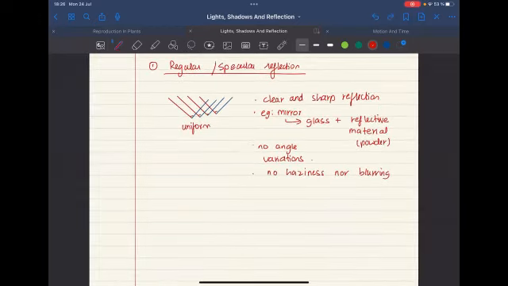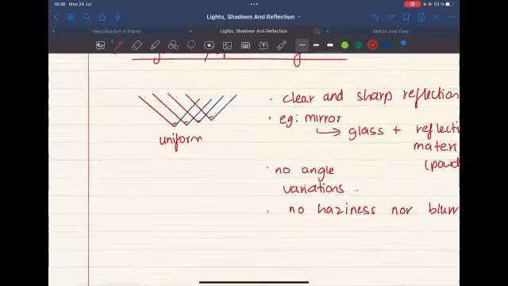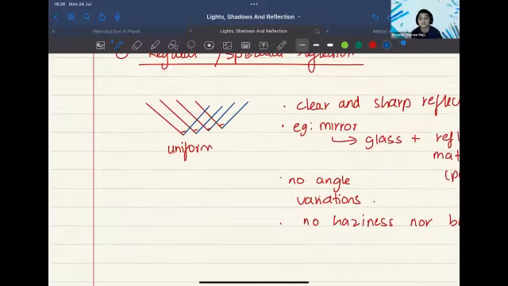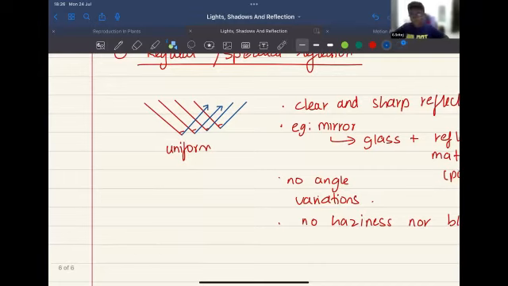Is this clear? Yes, ma'am. Anybody has a doubt? No, ma'am. Ma'am, whenever an incident ray falls on a regular mirror, at exactly how many degrees will it reflect? Is it a specified angle? No, it's not like that.